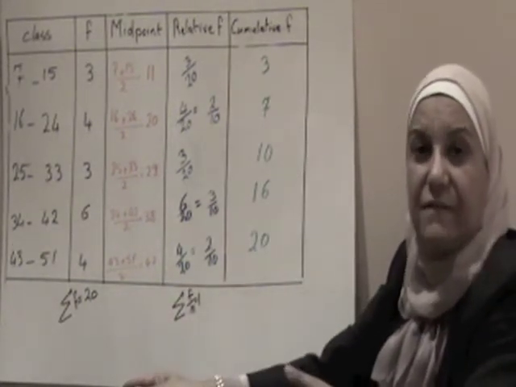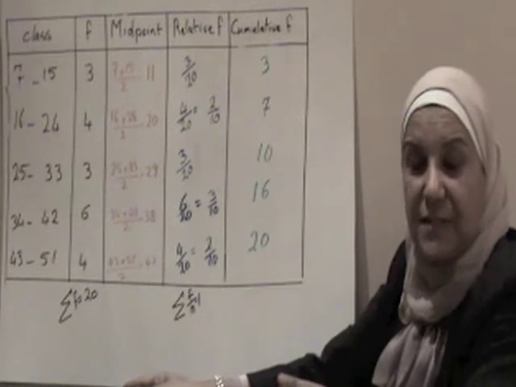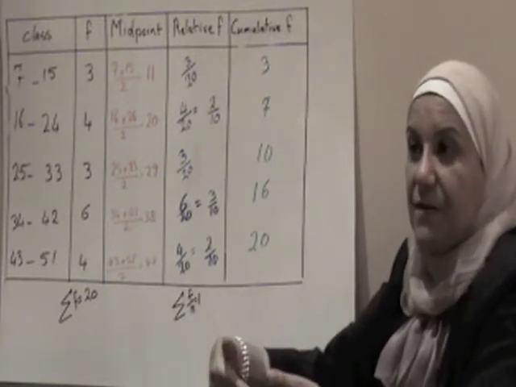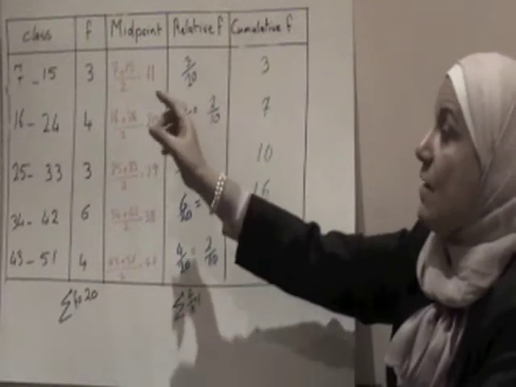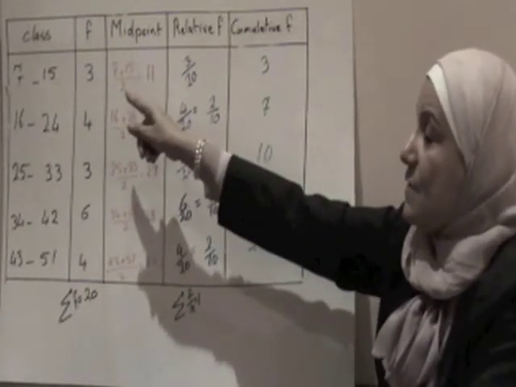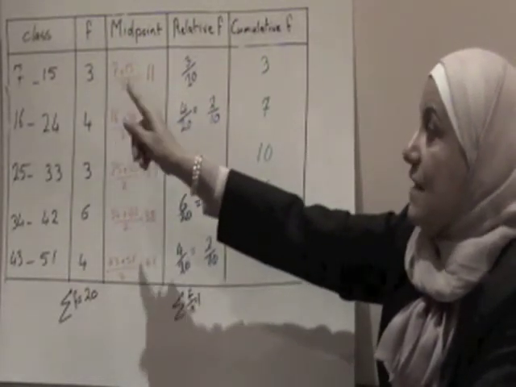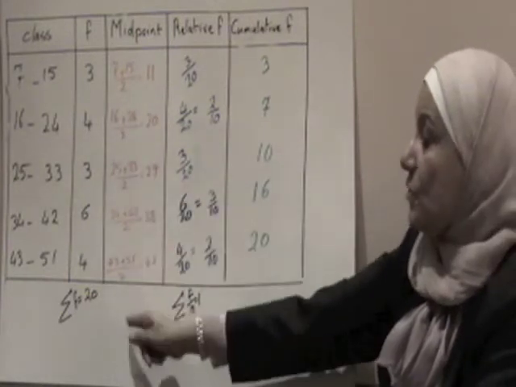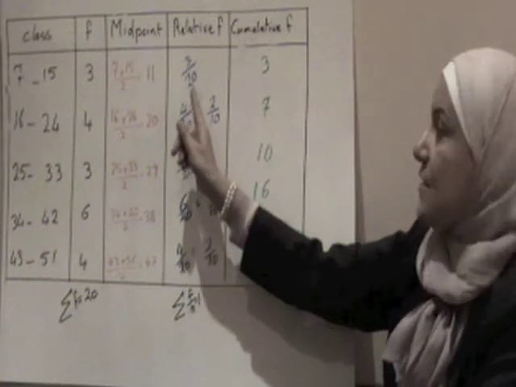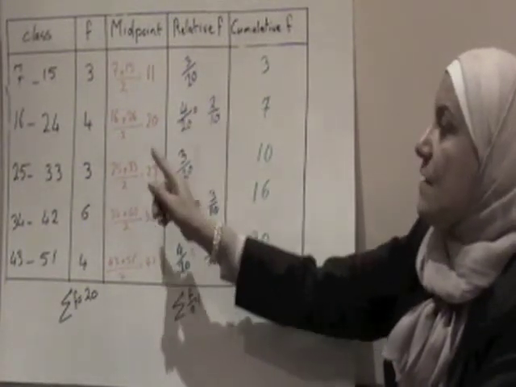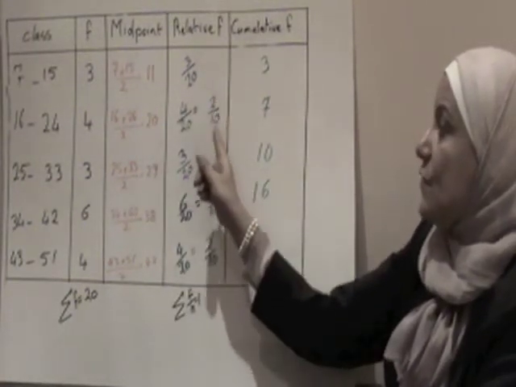What about my relative frequency? What is a relative frequency? Relative means it has to be something over something, related to. So relative means the number of users of the internet between 7 and 15 relative to the total number of users. So it is 3 over 20. For the next one, it is 4 over 20.